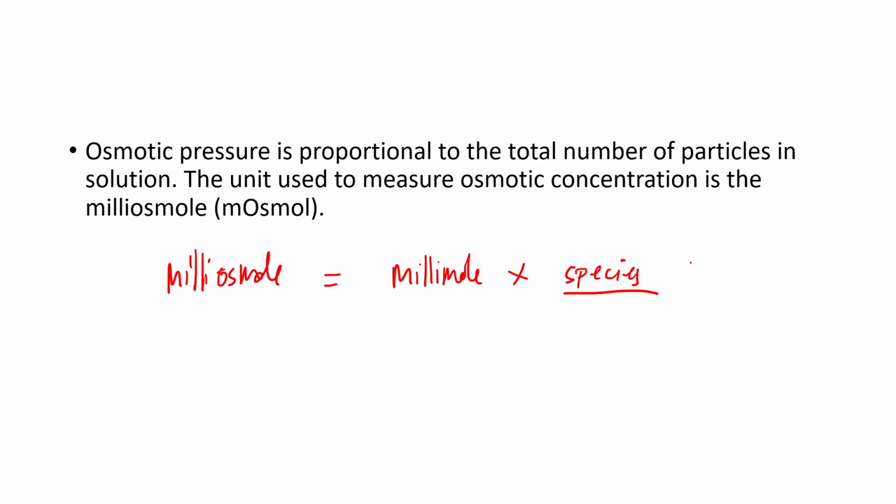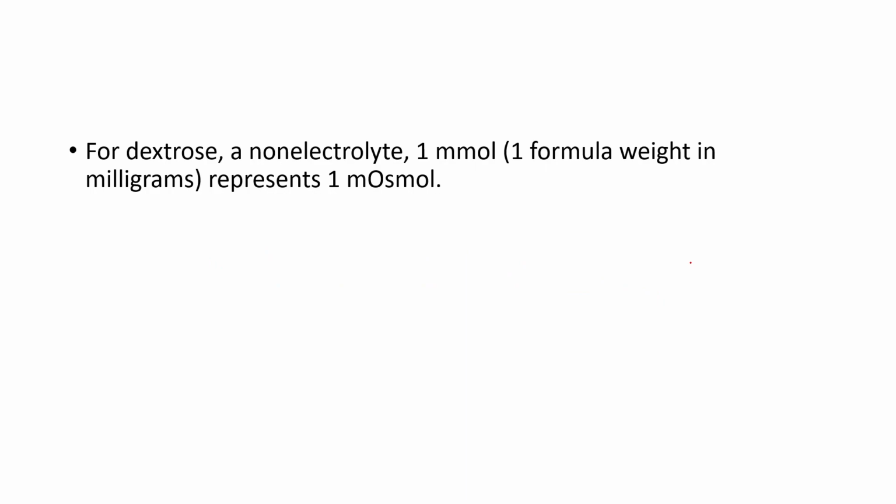So if your compound is a non-electrolyte, like for example dextrose, 1 millimole is 1 milliosmol. Because it's a non-electrolyte, it does not dissociate, therefore it only has one species. So 1 millimole times 1 species is 1 milliosmol. If it's a non-electrolyte, it's the same as millimole.